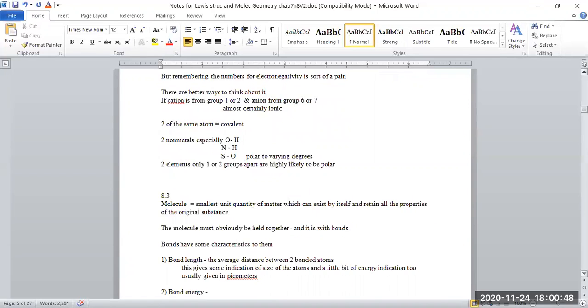If we think all the way back to the beginning of the semester, one of the things we said about molecules was that it's the smallest thing that retains all the same properties. So think about a salt molecule, one sodium, one chlorine. It behaves like a salt molecule.